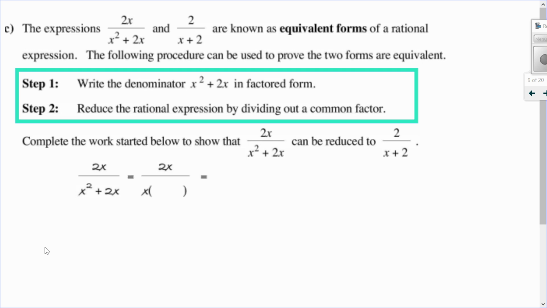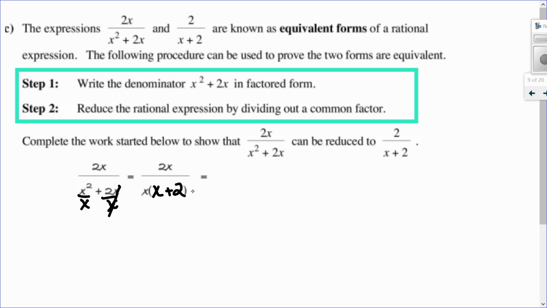So here's how we're going to prove two fractions are equivalent. Step number 1, we're just going to factor. For example, I have 2x over x squared plus 2x. You can see I have a common factor of x. If I factor out an x, writing your GCF up first, I have x squared divided by x, which is x, and 2x divided by x is 2.